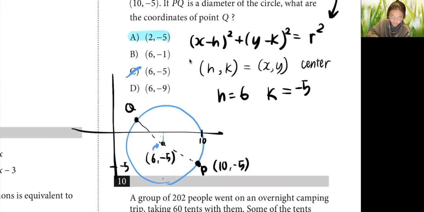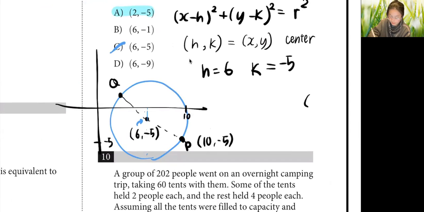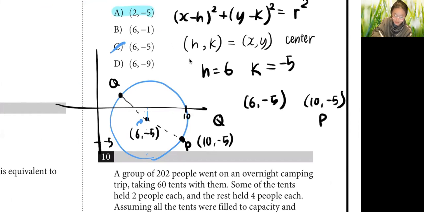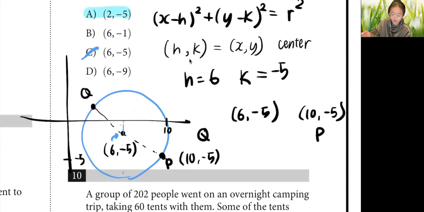Okay, just imagine 10, -5 and 6, -5. This is point P, this is point Q. Point P to Q is what we are looking for, and that means we need to go past the center of the circle.